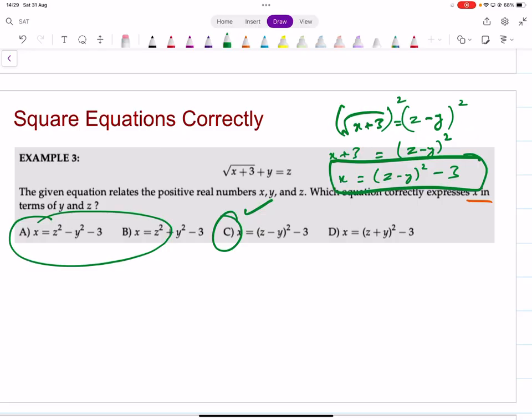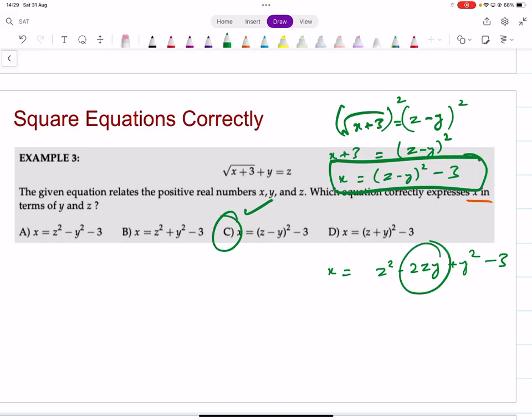Yeah, but maybe after expanding it becomes something like that? It does not, because after expanding you get a zy term as well, and you can't see that here. So that eliminates the other options. When you expand it, you would have z squared minus 2zy plus y squared minus 3 on the other side. Since you have this term as well, you can't see that term in any of these terms. That means they're also incorrect.